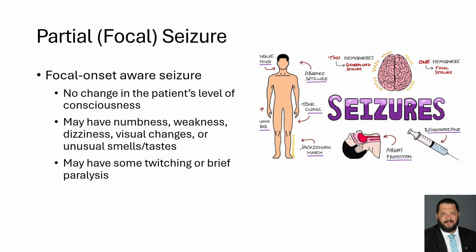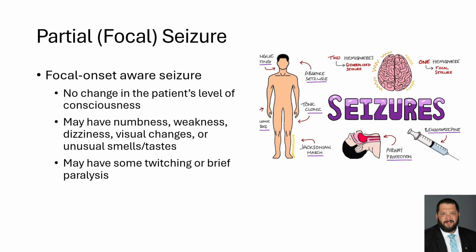The other types of seizure we can see are partial seizures or focal seizures. These are seizures that don't impact the entirety of the body. However, they impact sections of the body, and it may be hemi affected, or one side of the body. It may be just a hand twitch or an eye twitch, or facial muscle may twitch. There's no changes typically in the patient's level of consciousness, although there may be some panic that's associated with this.